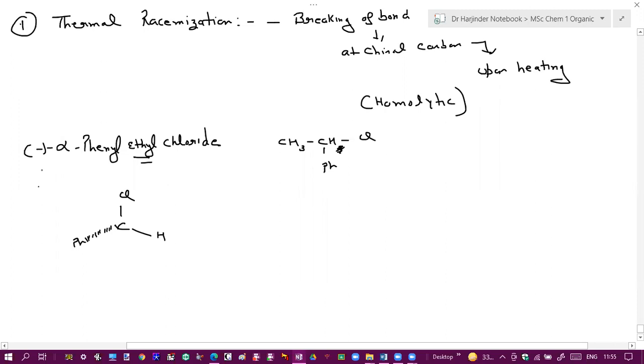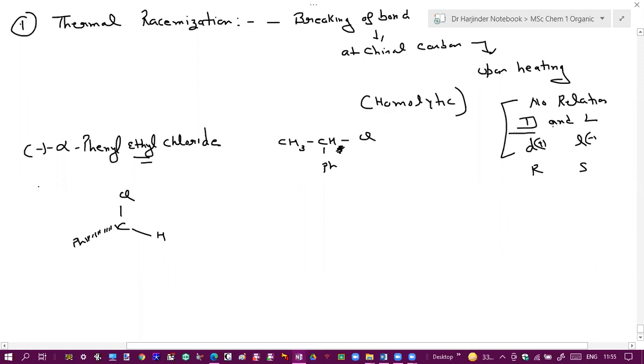Rotation of plane polarized light. I have told you so many times, there is no relation between capital D and L, small d and l, capital R and S, and plus and minus. There is no relation between them.